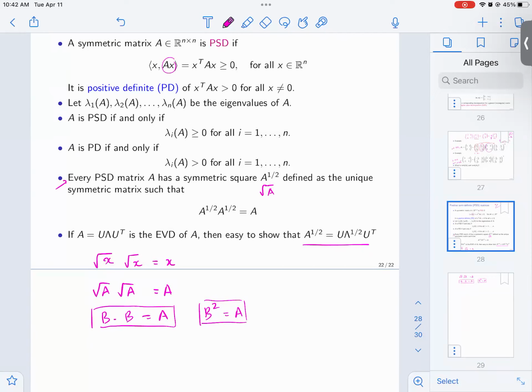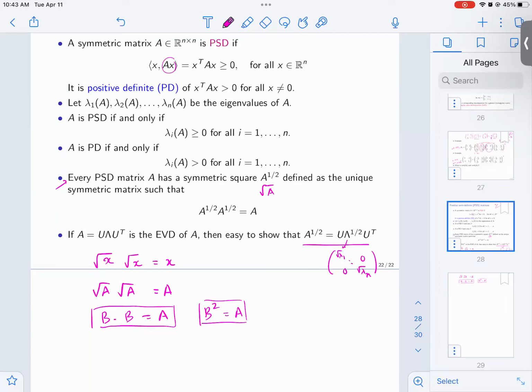For a diagonal matrix, the square root is very simple. It's just the square root of the elements. So you take the square root of the elements and leave everything else intact. So U remains. You just take the square root of the diagonal matrix in the middle. That would be the square root of A.